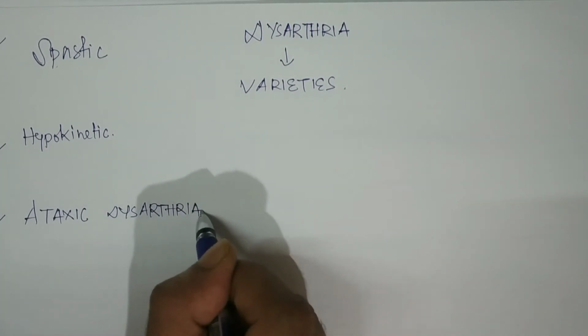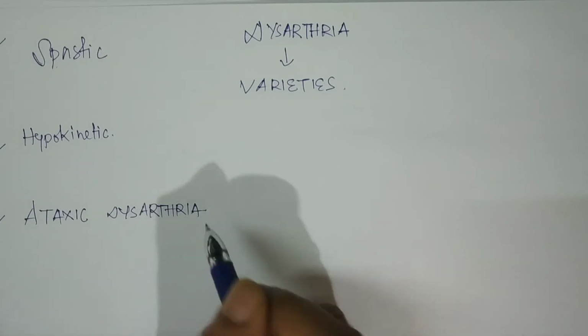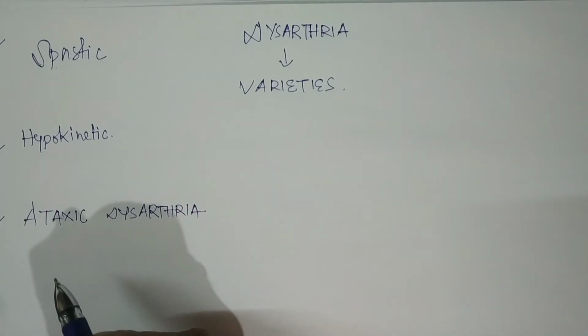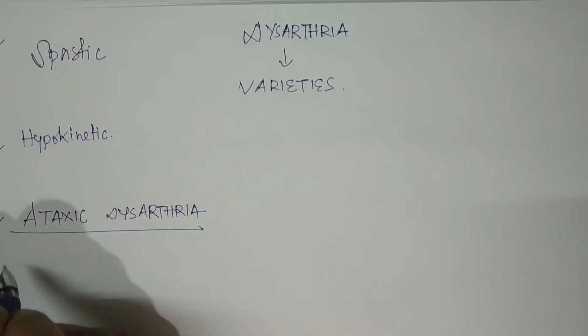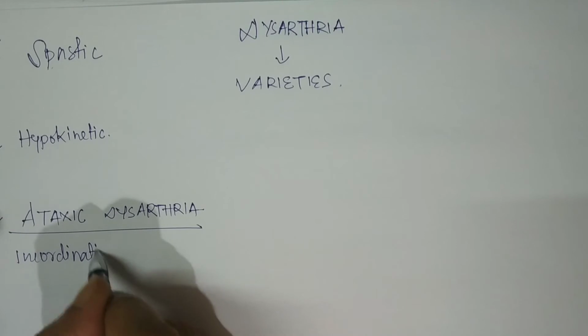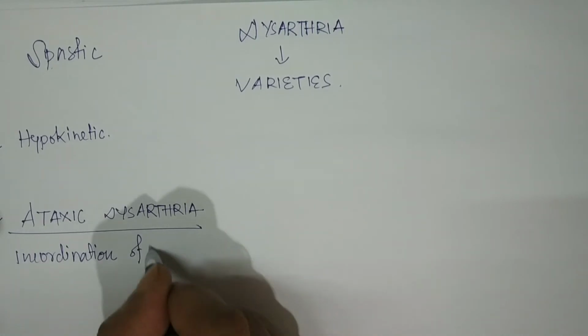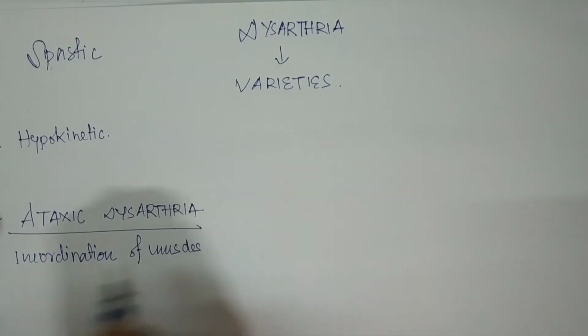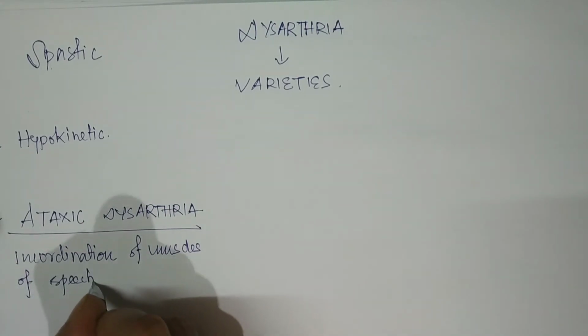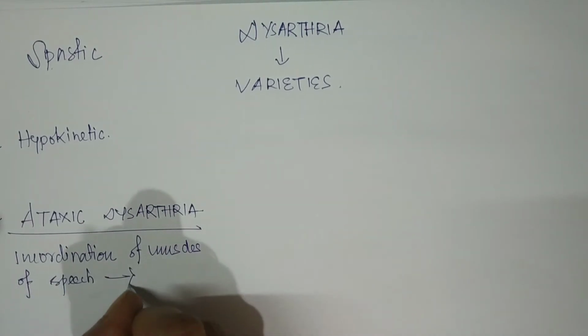Ataxic dysarthria. What happens here is there is incoordination of the muscles of speech, including the respiratory muscles. Incoordination of muscles of speech. What will happen?